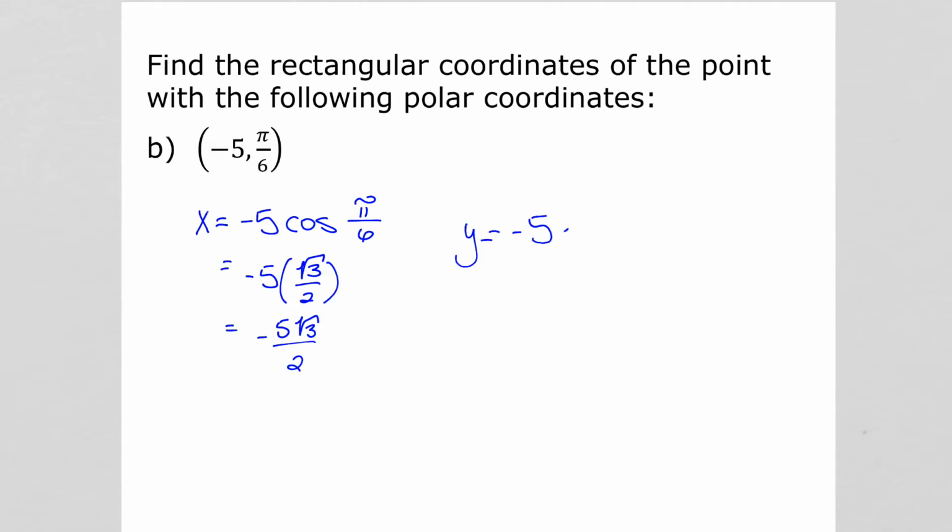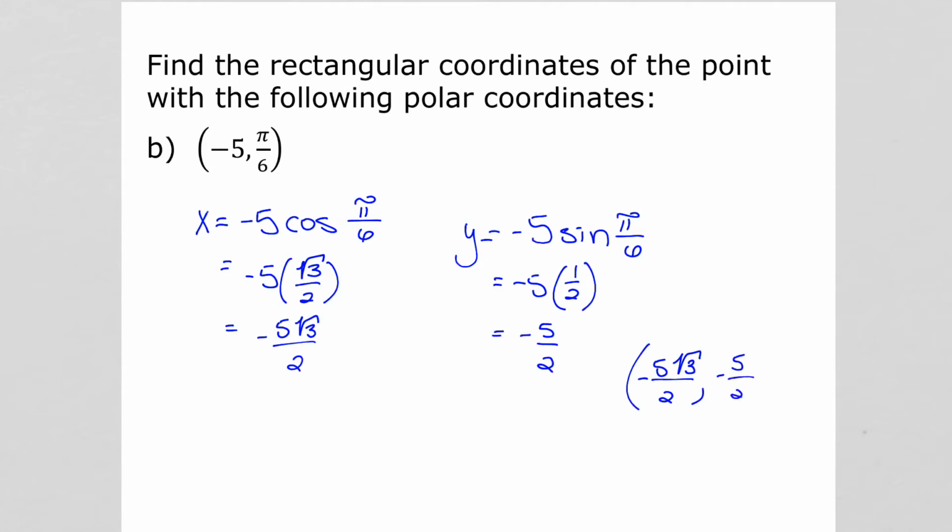And y is r sine of theta. Sine of pi over 6 is 1/2. So y will be -5/2. So our point in the xy form is -5 square root of 3 over 2, -5/2.